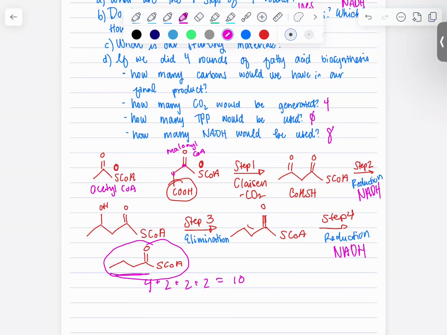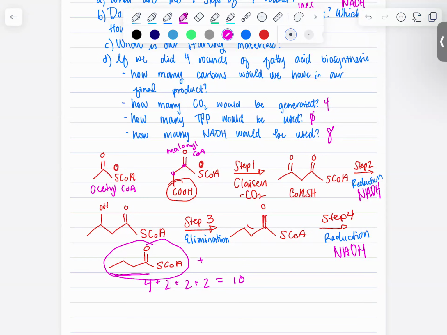Yes. So at the end of the first round, we would start with this one, and then we would keep adding on until we get there. I think we add on malonyl CoA every time, and that's why we lose carbon dioxide.